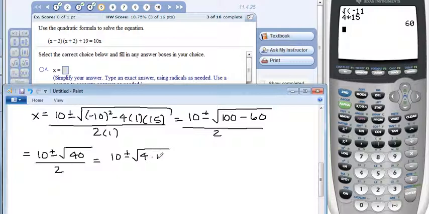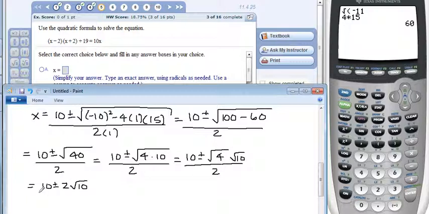This is 4 times 10. Now I can split this with my product property, and that 2, which is the square root of 4, can come out.